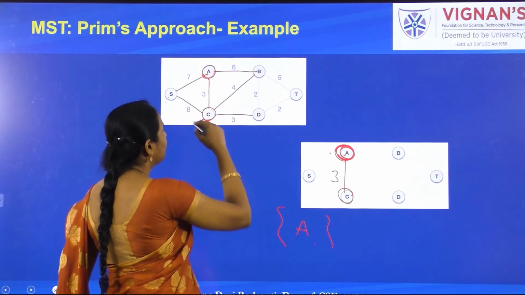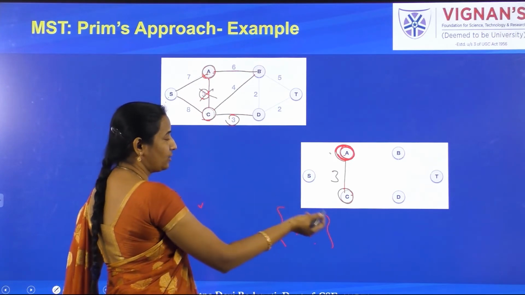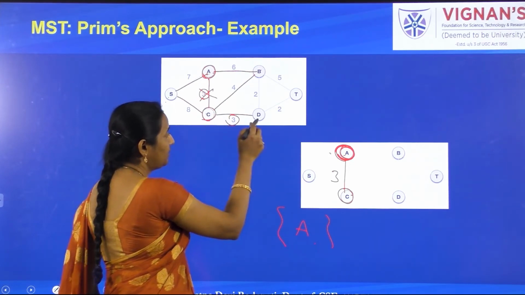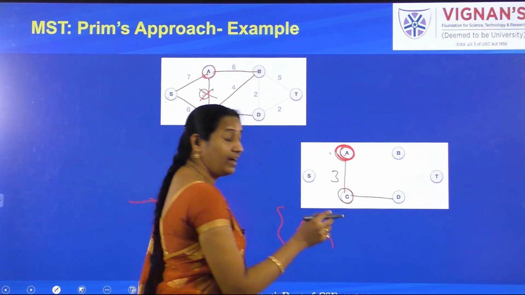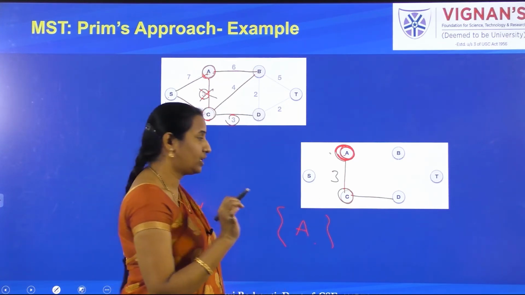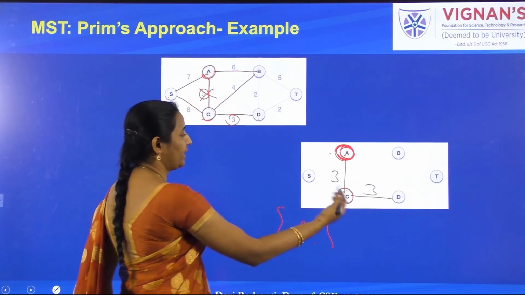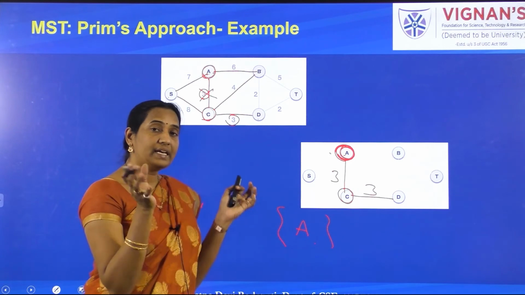But among all these, the least cost ones are these two, but this one is already added to the solution, so that cannot be. And this edge I can add very well, and while adding the edge you need to consider whether it is forming any cycle or not. Here in this case it's not forming any cycle, so I can add that. Now what are all the edges I can consider?